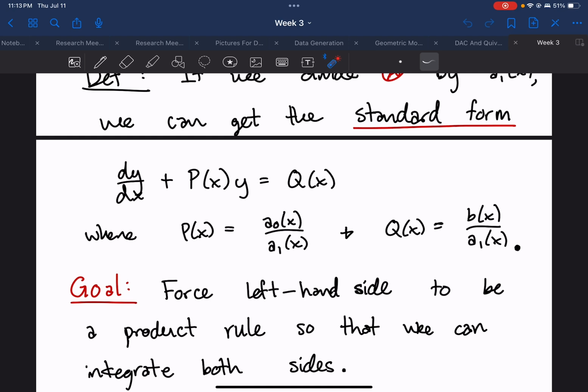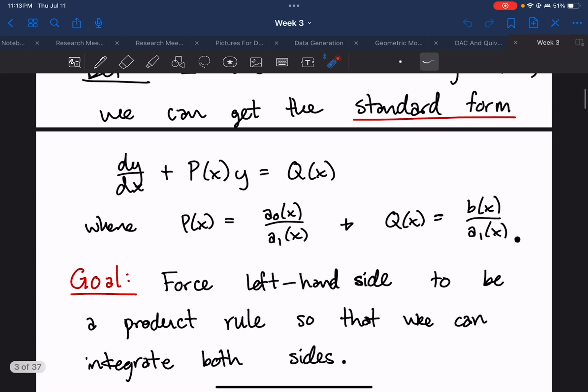Now, I know the answer already. I know what to do. But if you've never seen this before, it might look a little strange. The idea is we want to force a product rule, right? Because this side sort of resembles a product rule, right? This is like derivative of the first thing, and this is like hold the first thing.